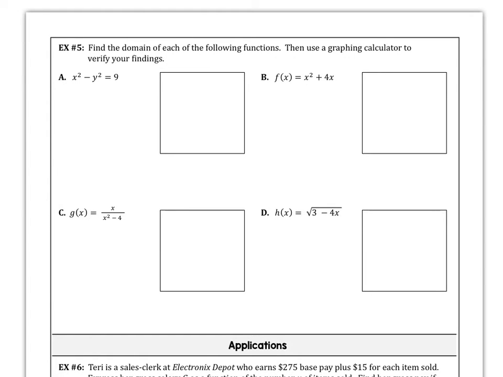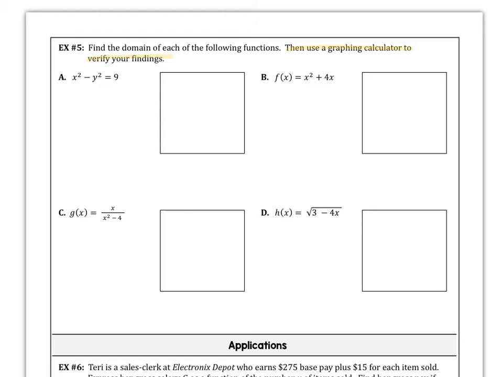Now this is the part that I really want you to pay attention to, because they tell us here to use a graphing calculator after we figure it out, just to verify. But I took the little graphs off because I want you to be able to figure it out without the graphing calculator. So for instance, when you're looking for domain, you are looking for any restrictions.